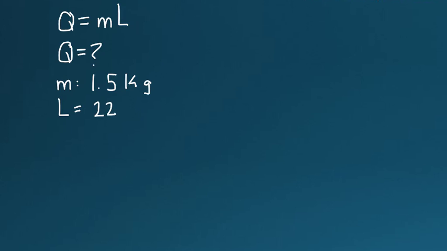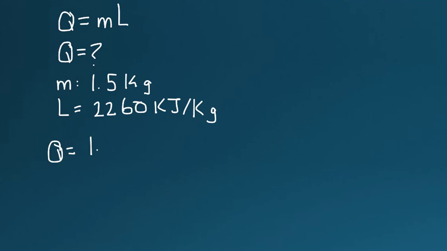Okay, I'm going to go through and write my variables down again. So I don't know what my Q is, that's what we're looking for. My mass is 1.5 kilograms. My L is 2,260 kilojoules per kilogram.